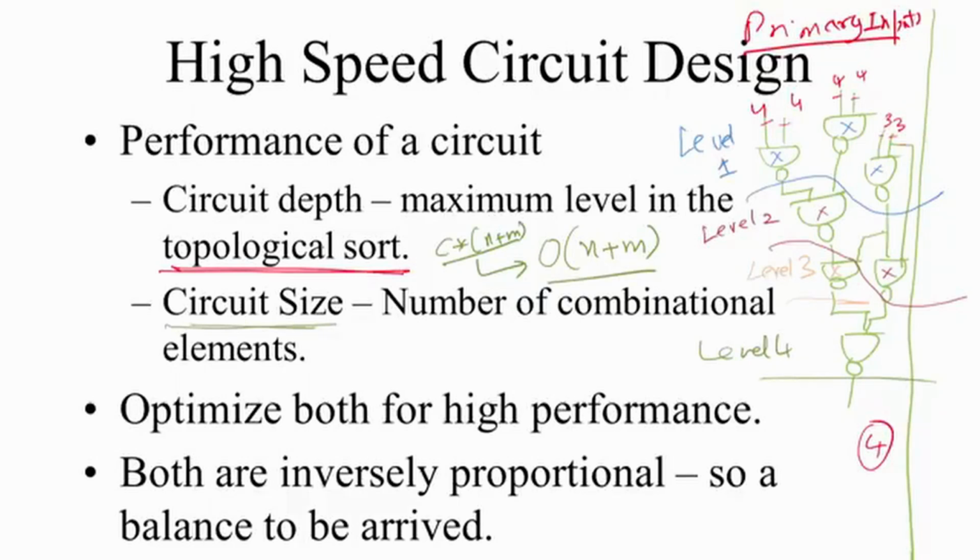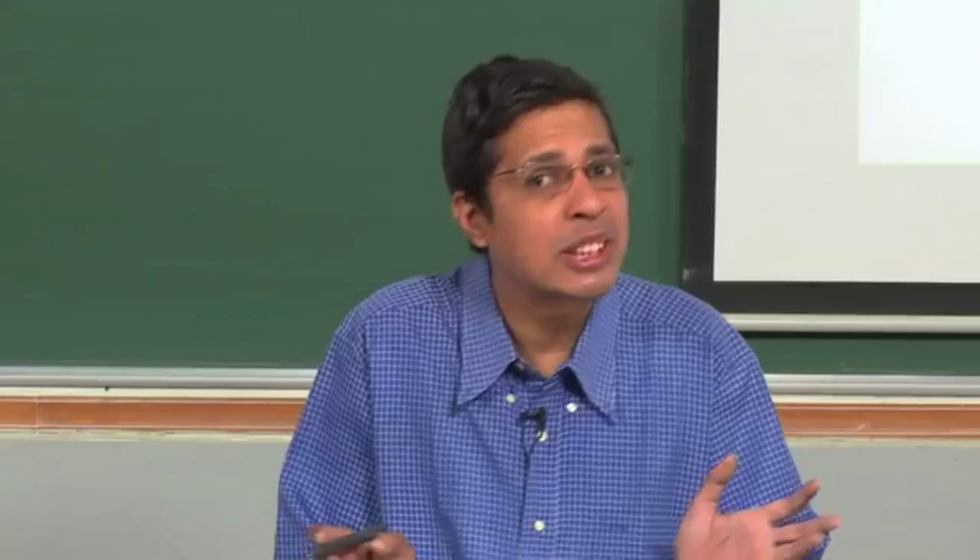Now what we need to do when we try to do a high speed circuit design is that we optimize both for the size and for high performance. I need to have the size of the circuit to be less, and I should also have the depth of the circuit to be less, right?